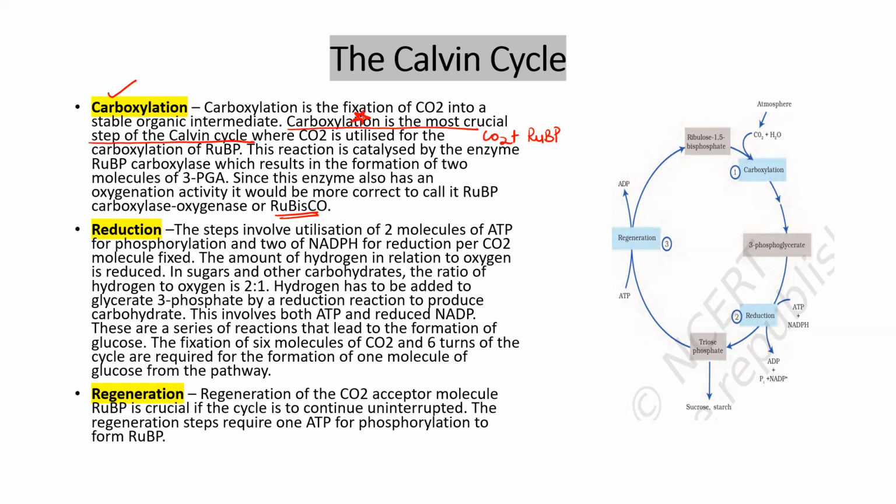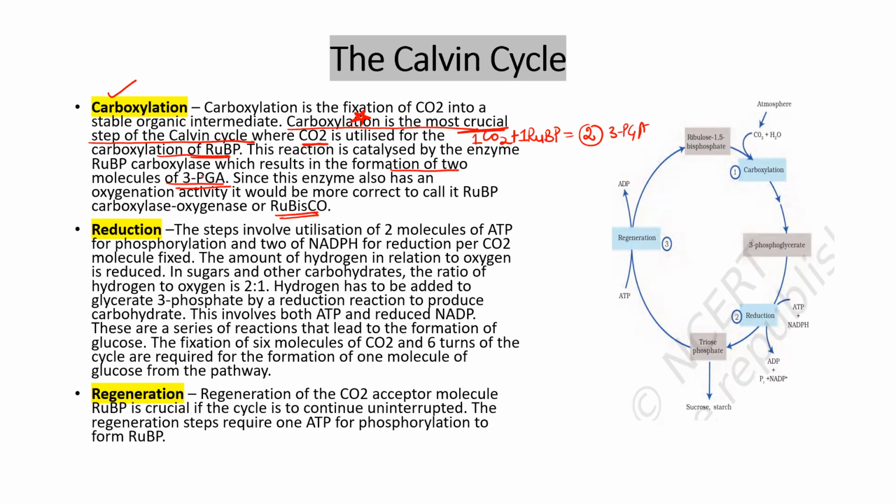Again, it's a statement question, so please learn it for your competitive exams. It is the most crucial step, where carbon dioxide carboxylates RuBP. One carbon dioxide molecule with one RuBP will make 2 molecules of 3-carbon compound. So it results in the formation of 2 molecules of 3-PGA.